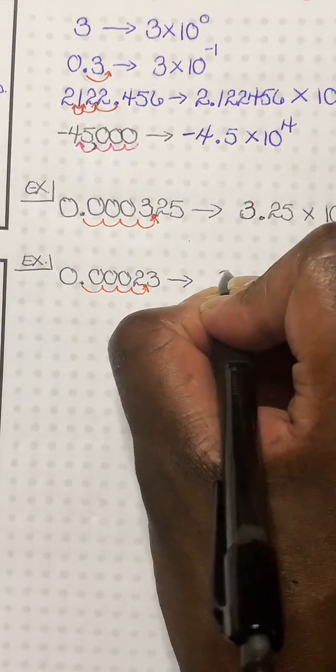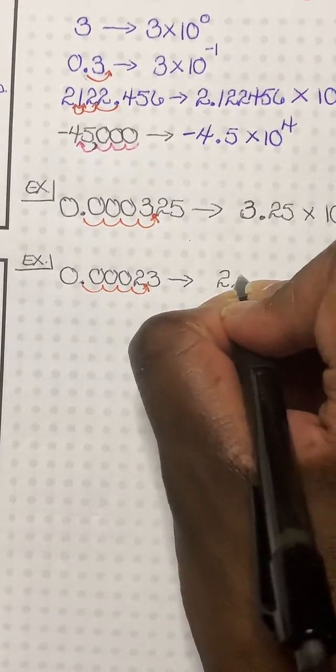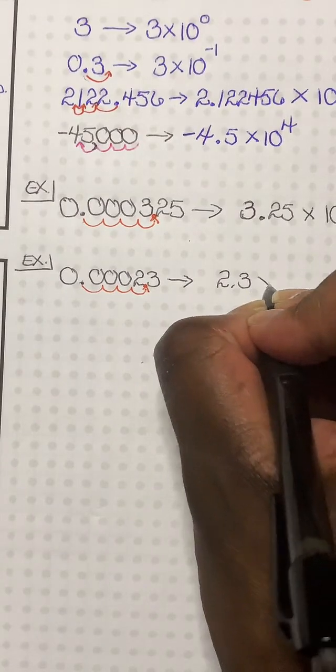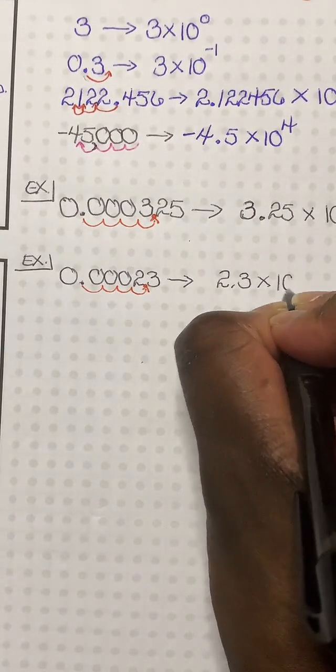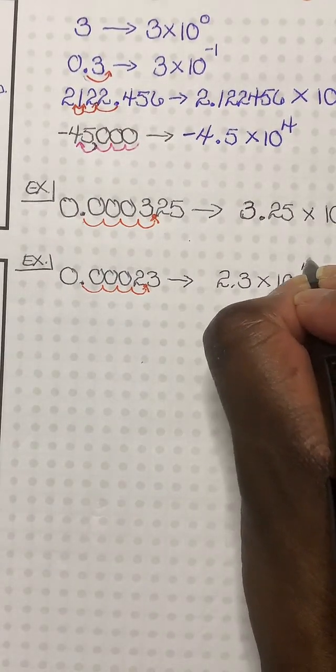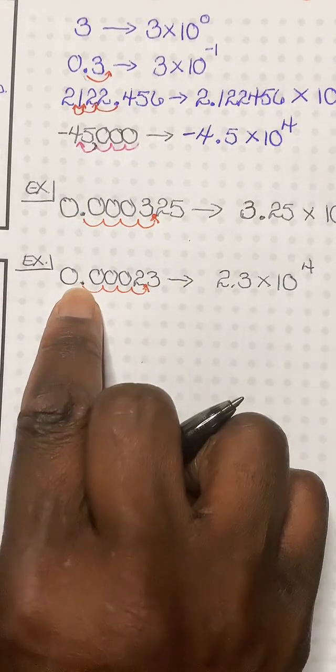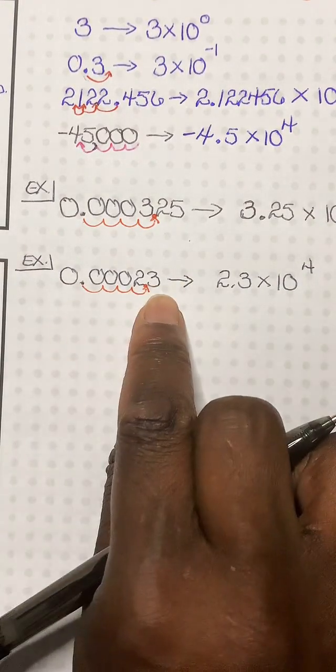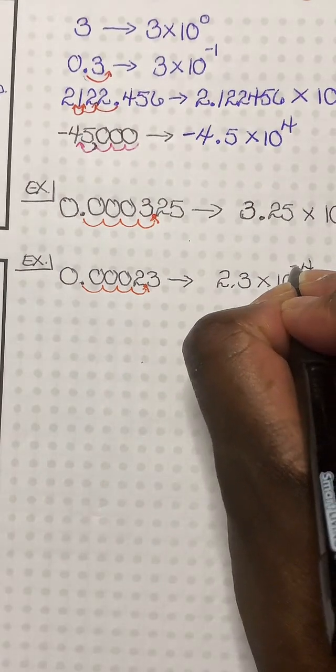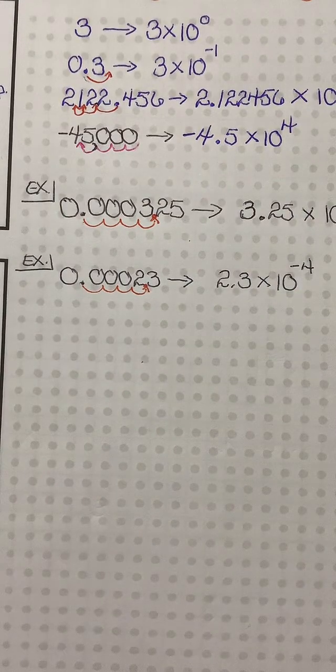So that gives us 2.3 times 10 to the 4th. But since we moved from the decimal point here to the right, it's going to be a negative 4. Okay, you see how it is now? Okay. All right. So now, let's flip the script.